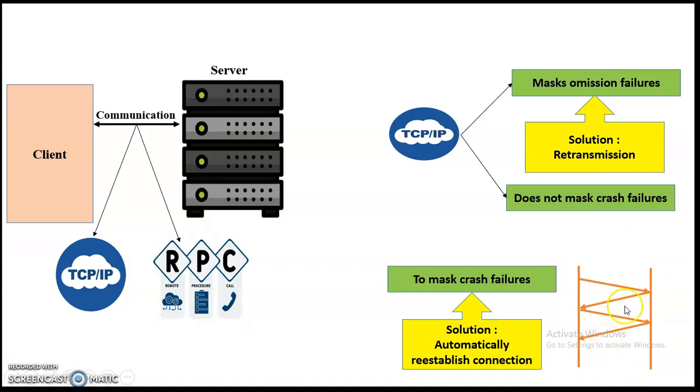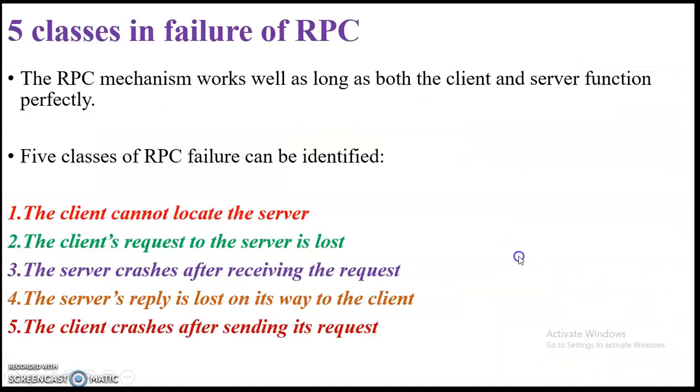But all this sending and resending is hidden from the user. The client is automatically sending the request to connect to the server, and if the server is up and live, it will get connected. Otherwise it will send an acknowledgement saying that you can resend or re-establish the connection.